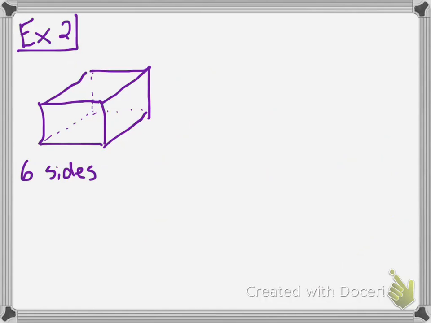Now, I'm going to put some dimensions here, kind of really put this in perspective. Let's make this a 3 by 4 by 6, in inches, rectangular prism. You can start wherever you want. I'll start with the front, the 3 by 4.